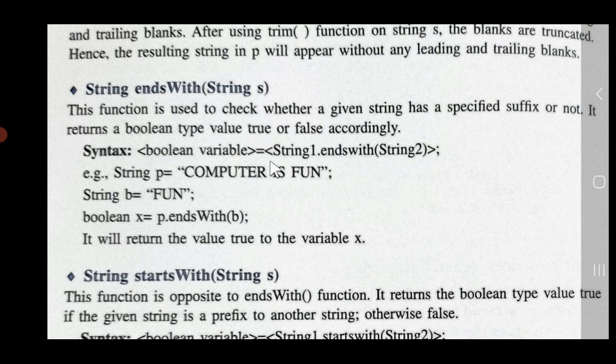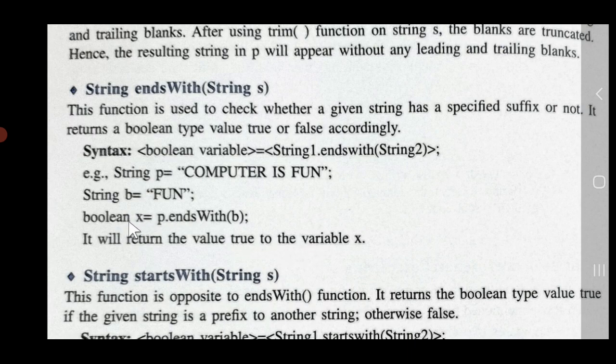String p equal to computer is fun, string b is fun, Boolean x equal to p dot endsWith b. We have to check whether it is ending with fun or not. You can see at the end fun is there, so in this case it will return the value true to the variable x.